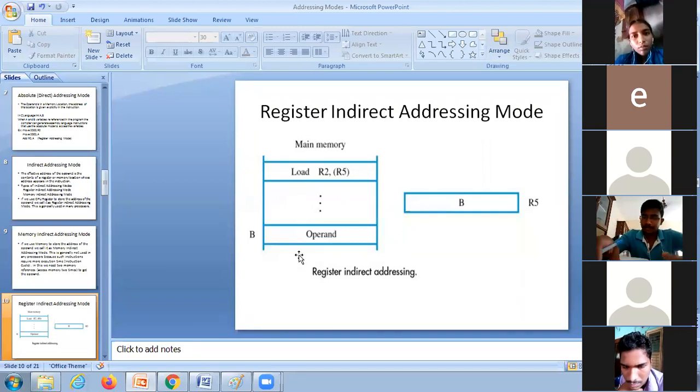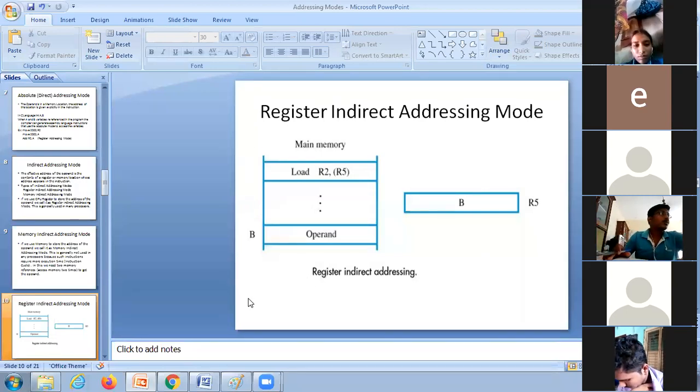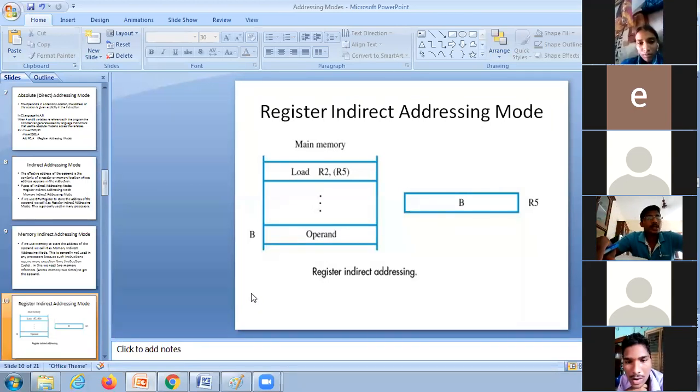I already told you that the main memory is nothing but a decoder. Here all the addresses are there from 0 to 2 power n, where n is the number of address lines of the processor.